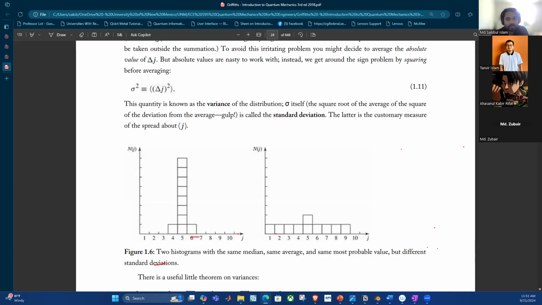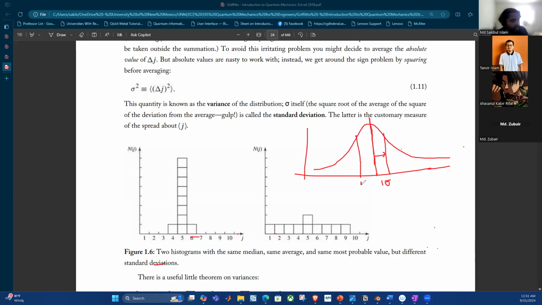Let me share this once again: we have this normal distribution. This is 1 sigma from the mean. In here it is 1 sigma, and here it is also 1 sigma. From the average, in here, this is 2 sigma, and this is 3 sigma, also from the average on the left side.